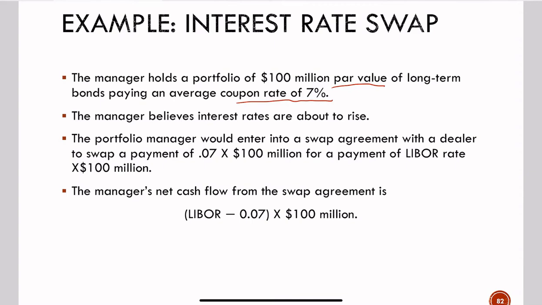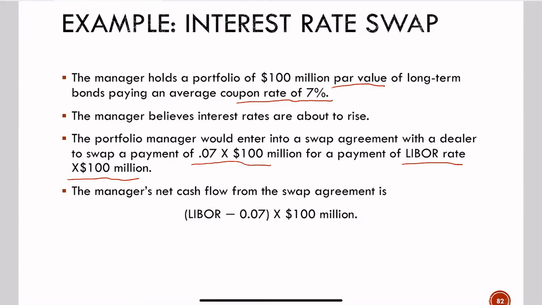And now the manager would enter into a swap with a dealer to swap a payment of 7% times $100 million for a payment of LIBOR times $100 million. Okay, let me explain what is going on here.